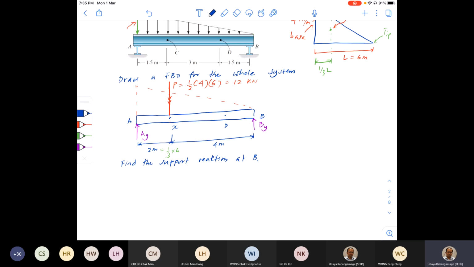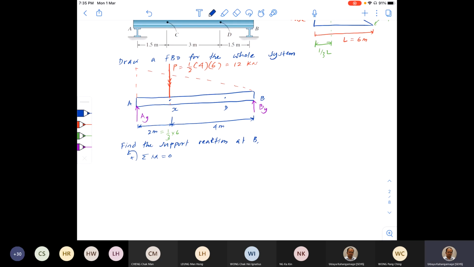So the easy way is to take the moment around point A, then only BY come for the equation. So you take the moment around point A. Now here, positive direction is anti-clockwise direction. Summation of all the moments should be equal to 0.